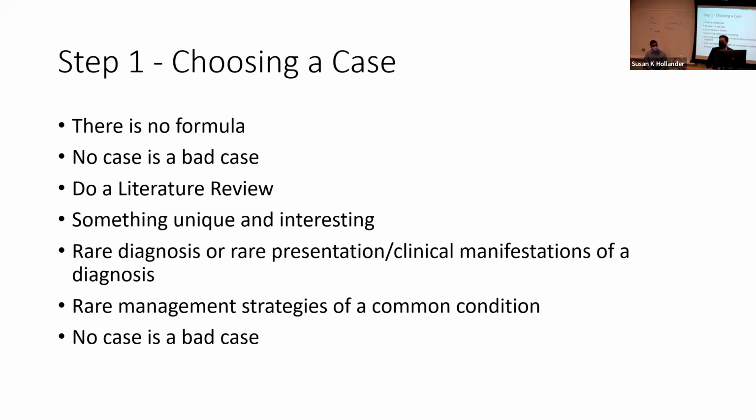You'd have to see how common or how rare this presentation is, and that's what I mean by doing the literature review. Know the data behind what this case is about, and potentially you can put a spin towards the uniqueness factor of this case. Ideally, you have something that's unique and interesting, but you don't know until you do a lit review. That's the point I'm trying to make.